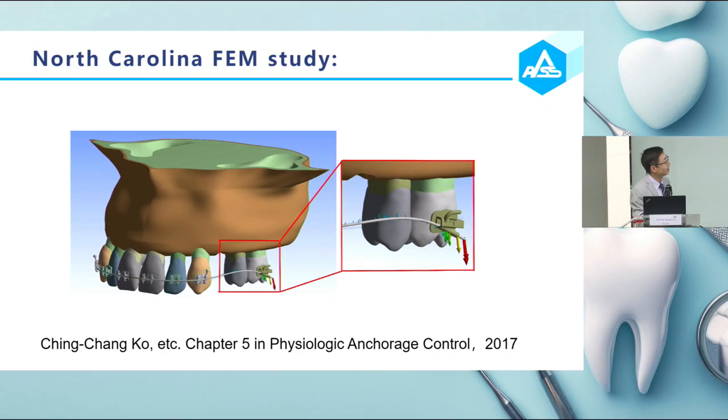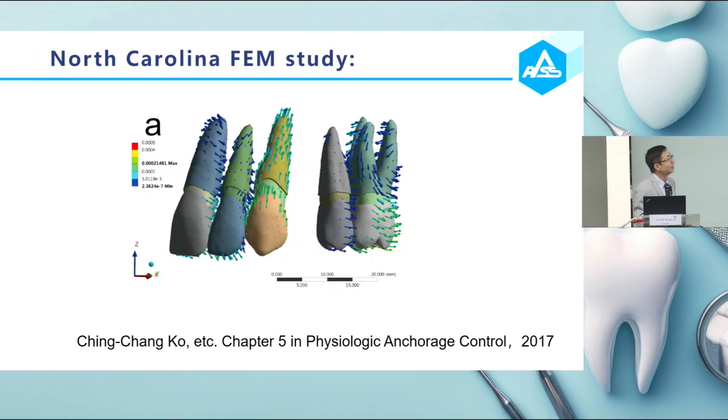So they made this FEM model. This is the XPT tube. And they found the molar gets a tip-back moment, and the incisor shows extrusion and lingual moment, not labial flaring force. That means in the PAS system, the incisor will not flare out, so you don't need to use Class II elastics or J-hook to prevent incisor flaring out.